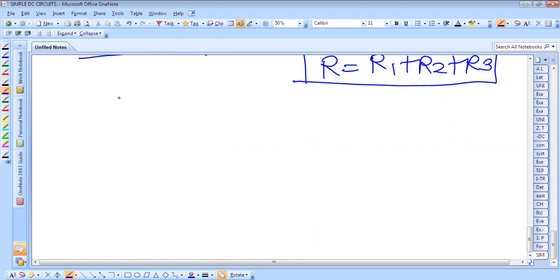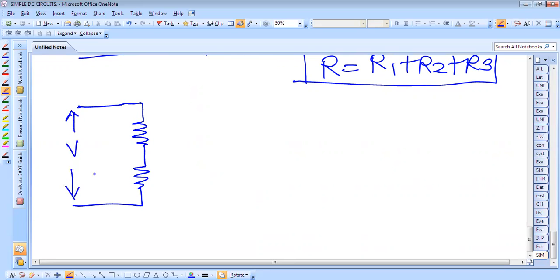Let us consider two resistors. This is R1, this is R2. Current I is flowing here, and the voltage across this is V1.